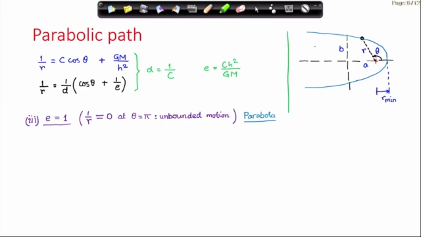That means it will essentially escape from the central force field. So, this is a parabolic orbit and it becomes unbounded at theta equal to pi. Why? Because at theta equal to pi, cos theta is minus 1 and e is 1, therefore 1 by r becomes 0. So, r will go to infinity.